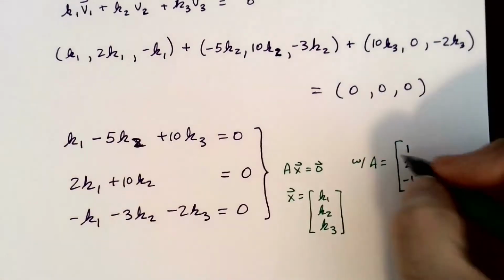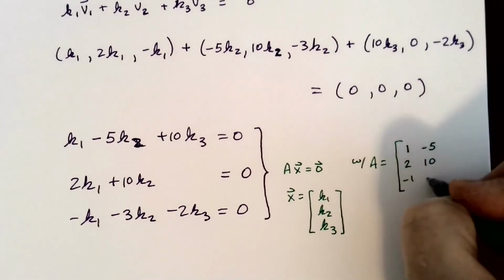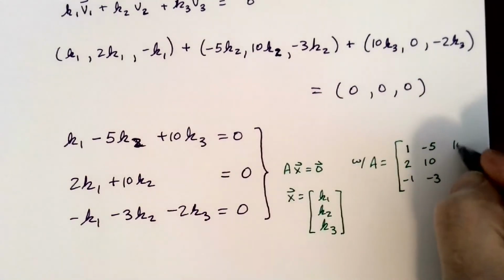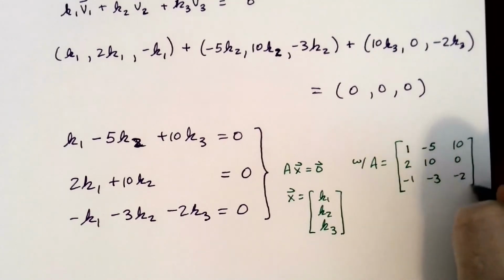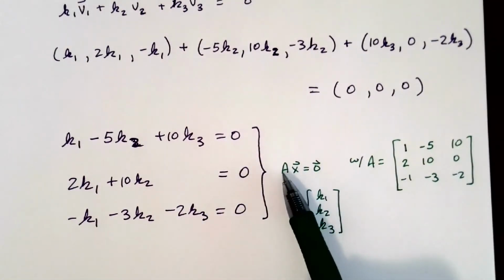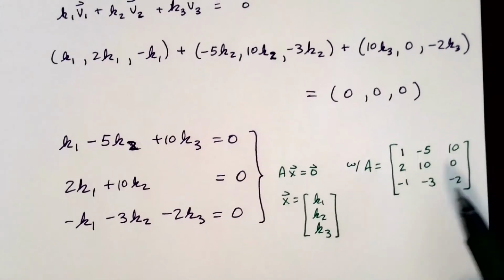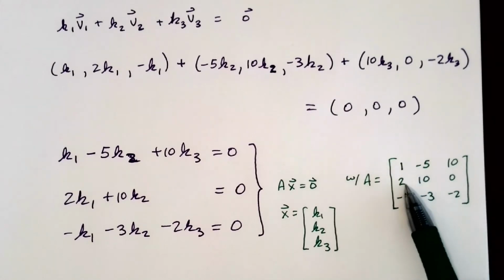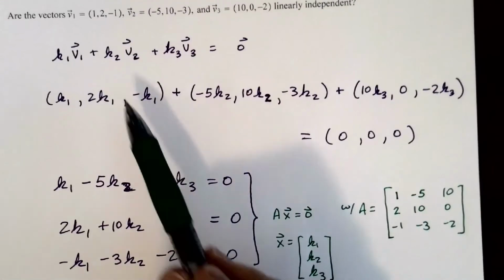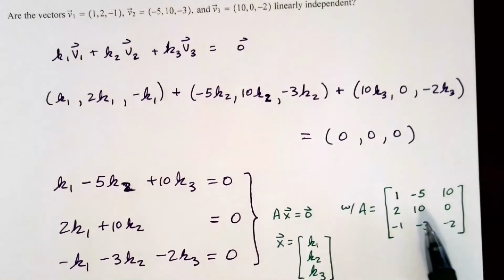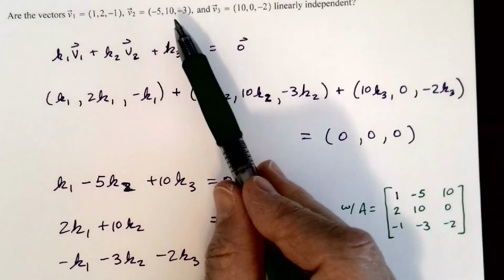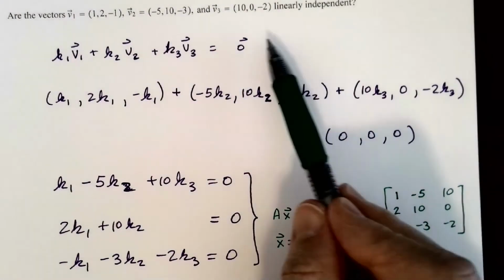Going down here, negative 5, 10, negative 3, then 10, 0, negative 2. And we've seen this before. When we think of matrix multiplication, AX, multiplying a matrix times the vector X is the same as taking a linear combination of the columns of the matrix A. And you can see the columns form our corresponding vectors: 1, 2, negative 1; negative 5, 10, negative 3; and 10, 0, negative 2.